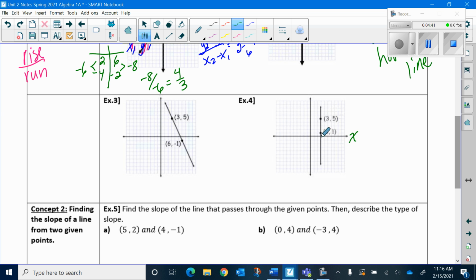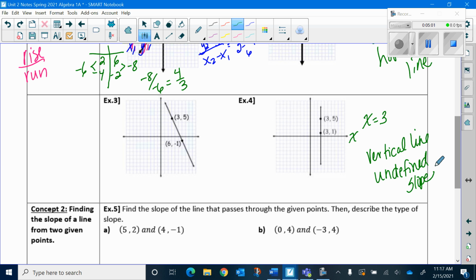My x values are the same each time. So this is an x equals 3. Vertical line. And we know it's an undefined slope.